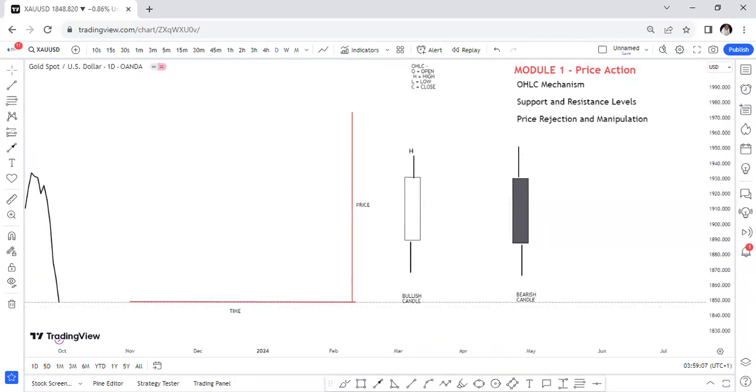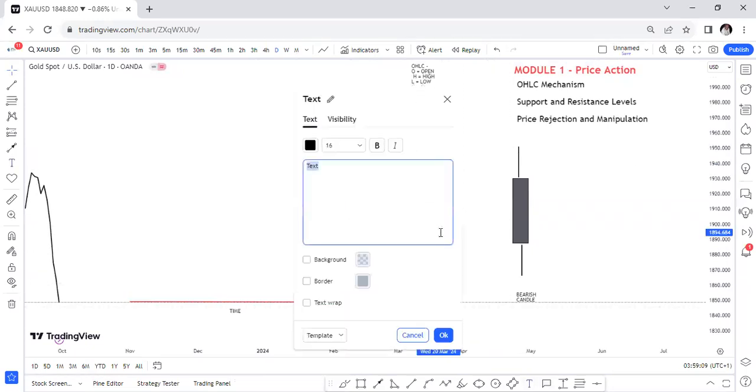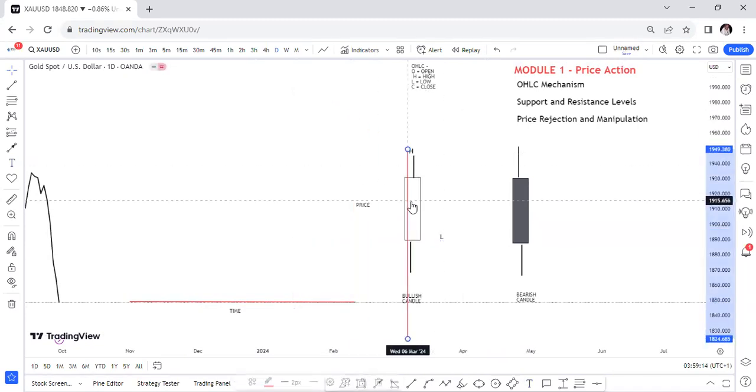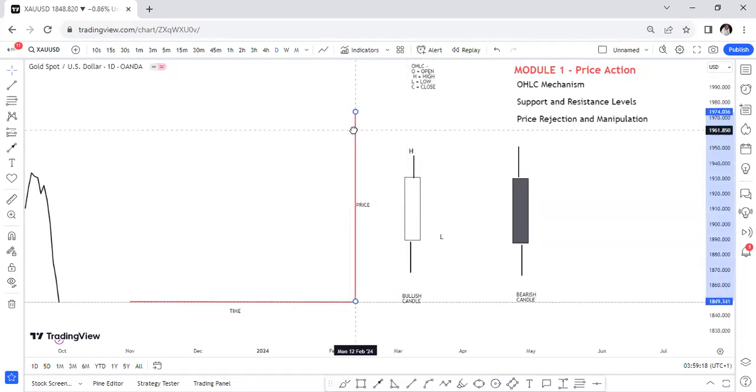This is the high, and this is the low. The lower wick, the lower shadow, is the low.